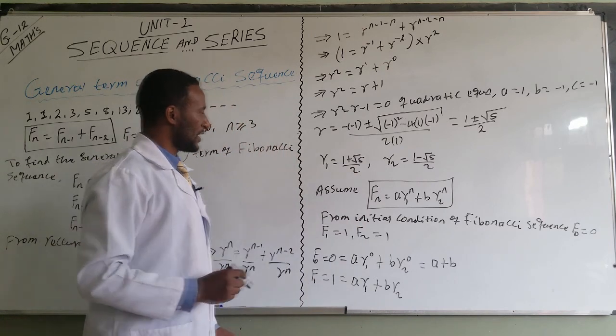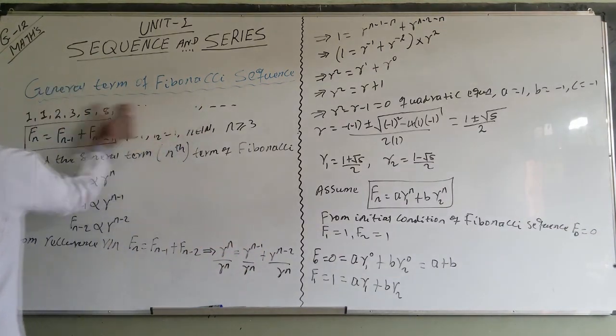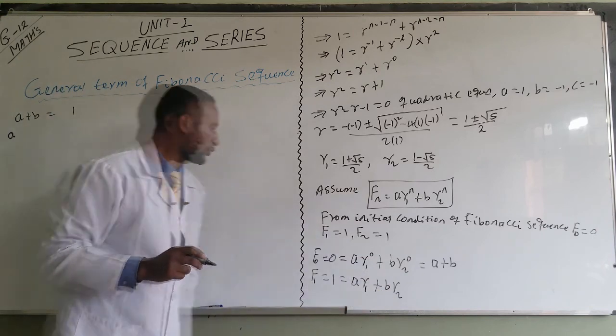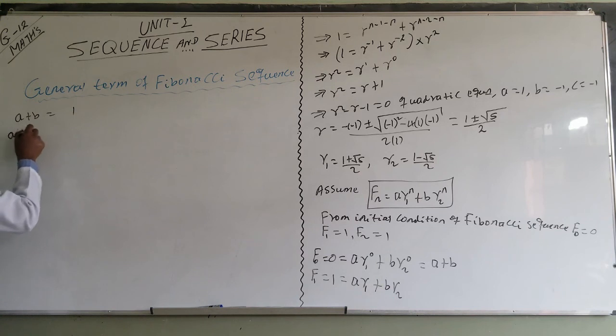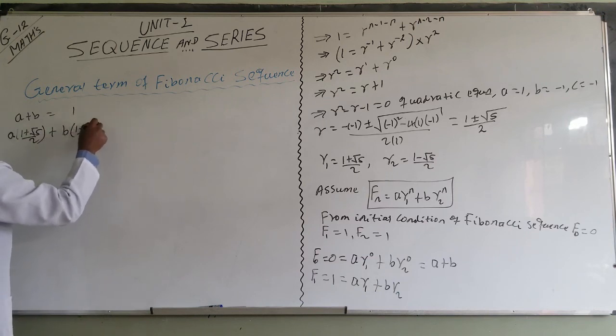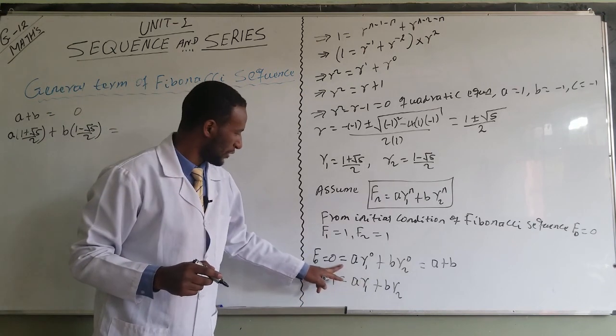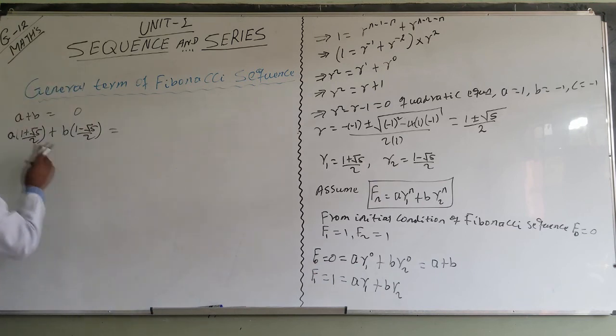This implies that A times R1, meaning 1 plus square root of 5 over 2, plus B times R2, meaning 1 minus square root of 5 over 2, is equal to 1. And from the other one, A plus B is equal to 0.